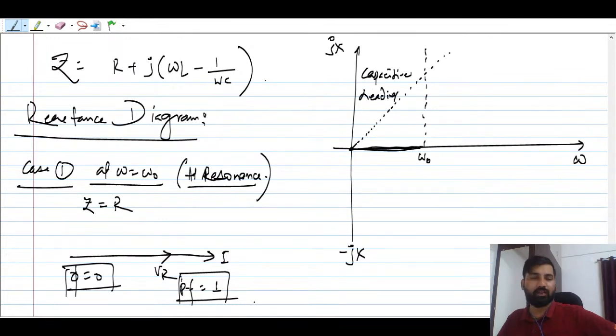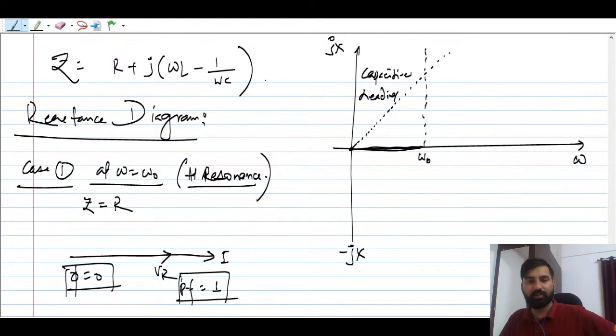So if the operating frequency is less than omega naught, you get the leading power factor. What is the reason behind that? Why leading? Leading because of the capacitive reactance.